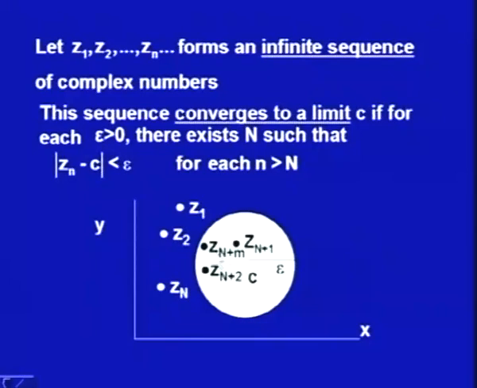So, if for given epsilon we can find sufficiently large n so that after some n all the points will lie in this circle, then we say c is the limit of the sequence z1, z2, zn.